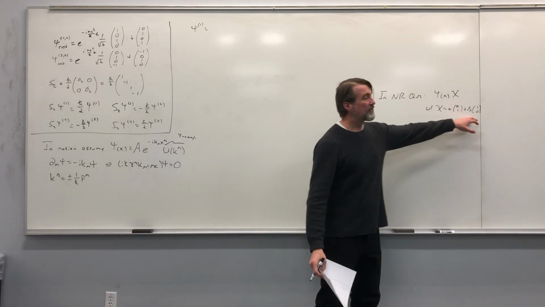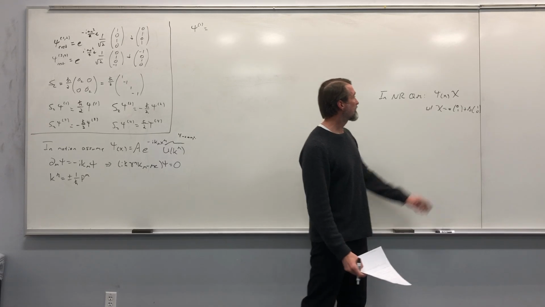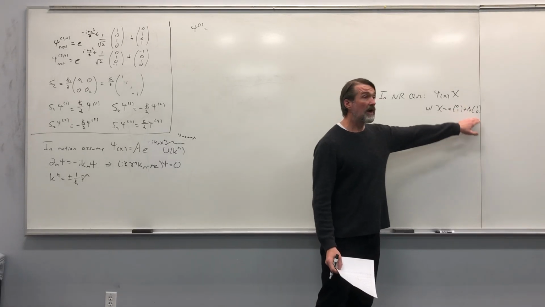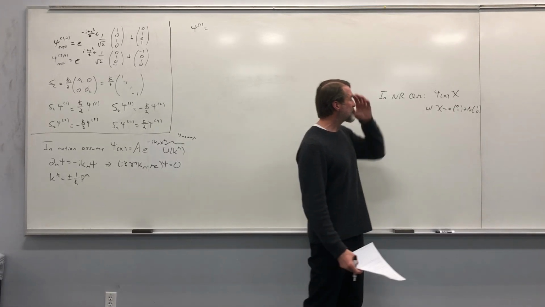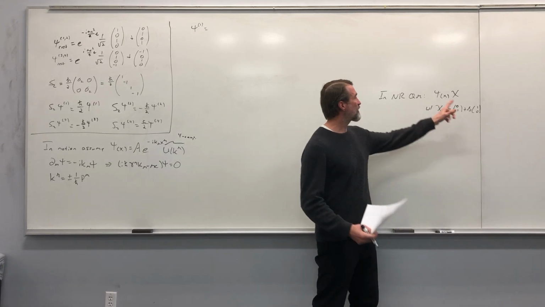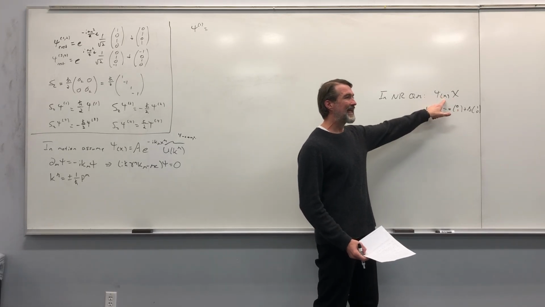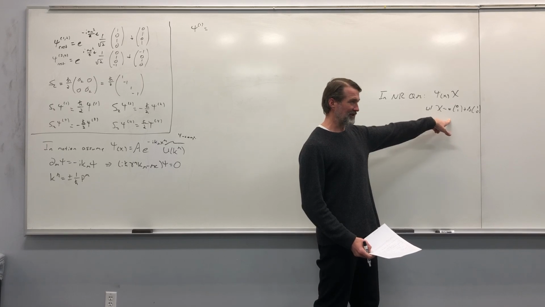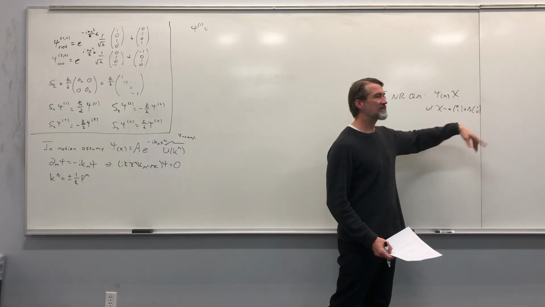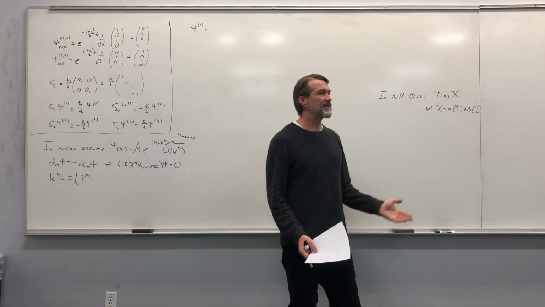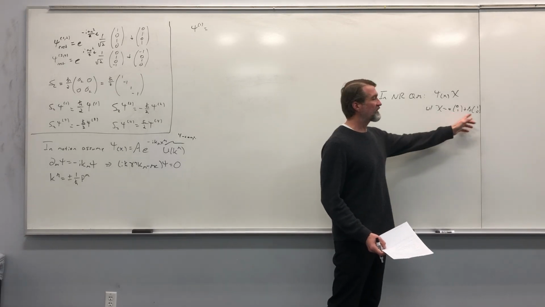Alpha and beta are just coefficients, telling you what kind of superposition of these constant spinors you're using. So basically there's this separation between the position dependence of things and the spinorial nature of things. The spinors are just constant. They don't care where you are or what you're doing. They're just these fixed things.